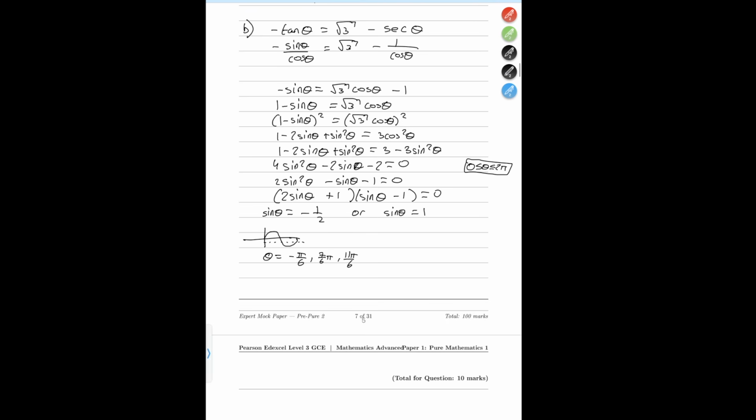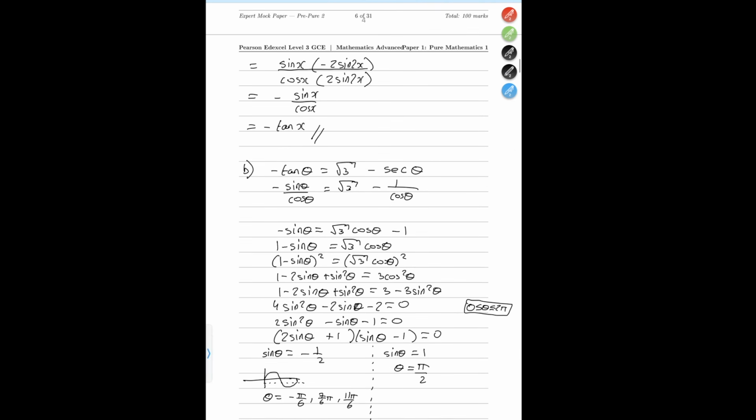Now, let's look at the right-hand side. Sine theta equals 1. Well, we know that occurs when theta is pi over 2. If we look back at our original equation, that can't be possible. We know that sec theta is 1 over cosine theta.